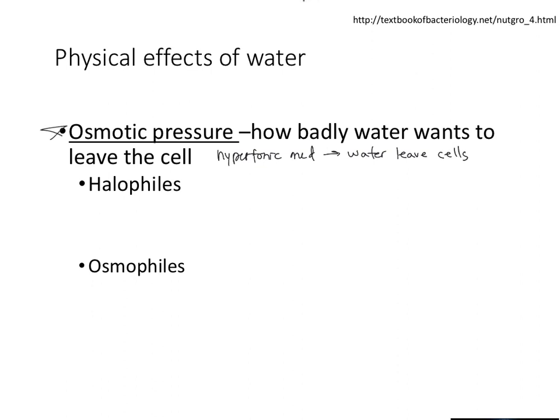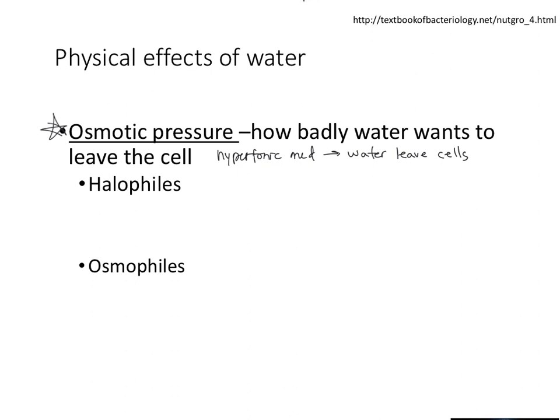Usually the problem that cells are dealing with is when there's too much solute in the medium and then the cell is dehydrating. Okay, so you have a really hypertonic medium, then water is really going to want to leave the cell. Somebody said to me once, water follows stuff. Okay, so water is trying to equal out the concentration of solute.